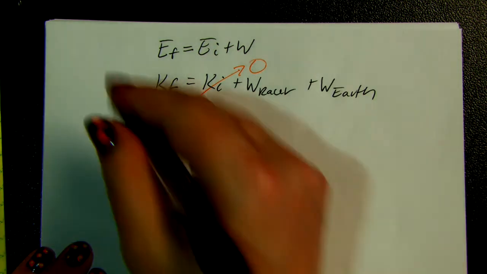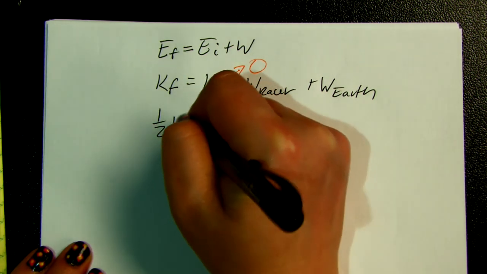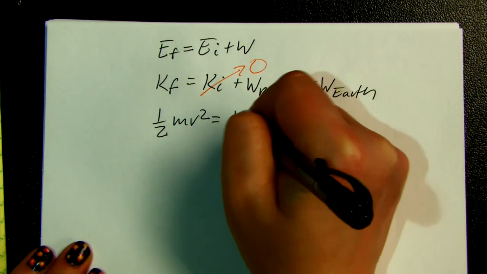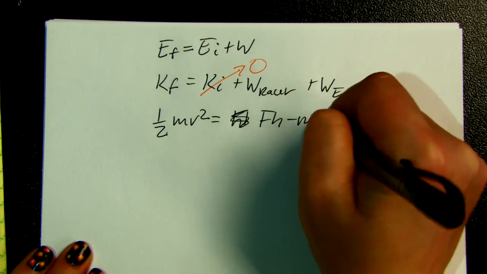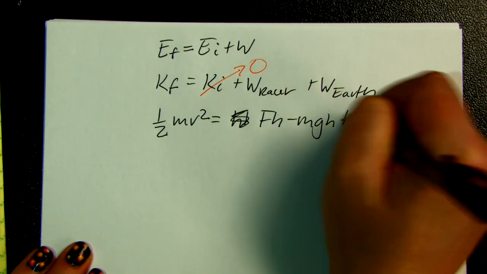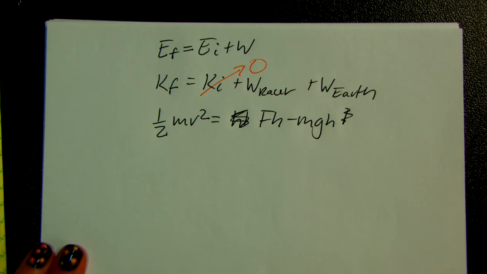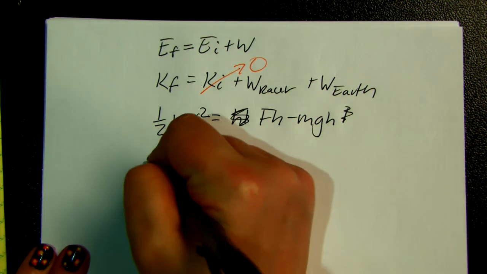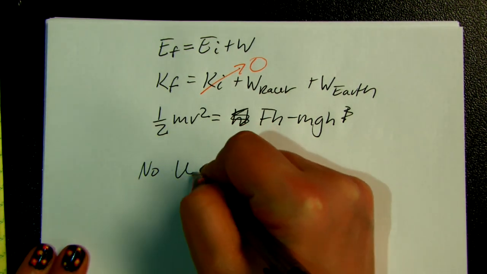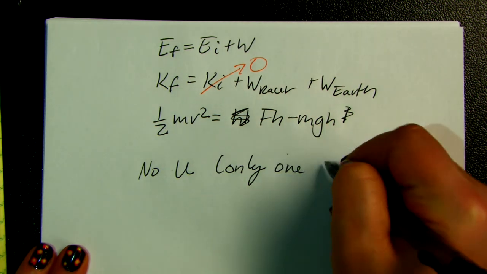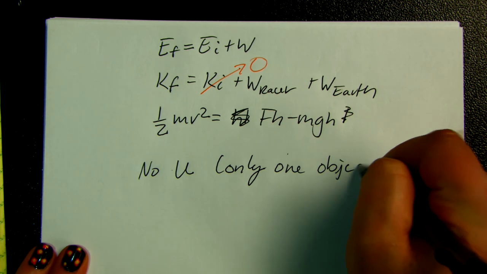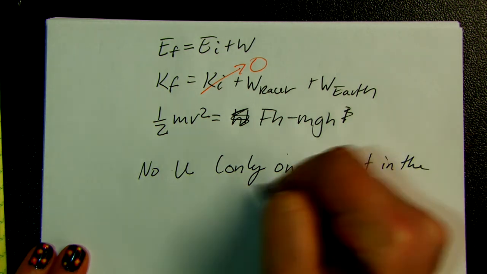So we have 1/2 mv squared is equal to Fh minus mgh. So no potential energy. There's only one object in the system.